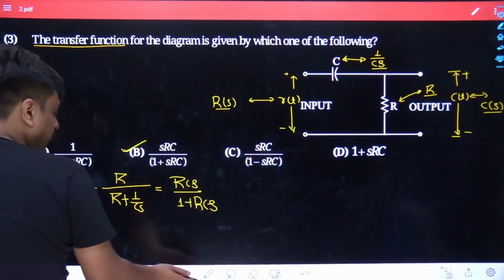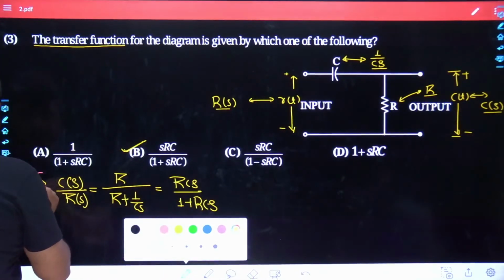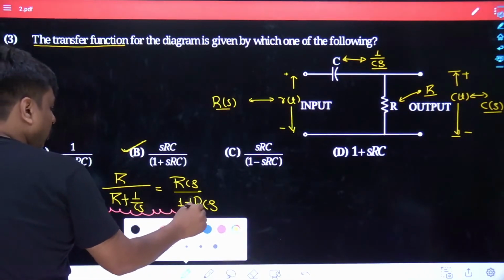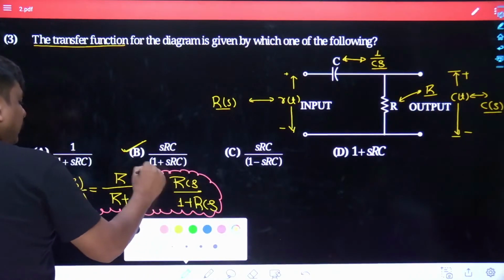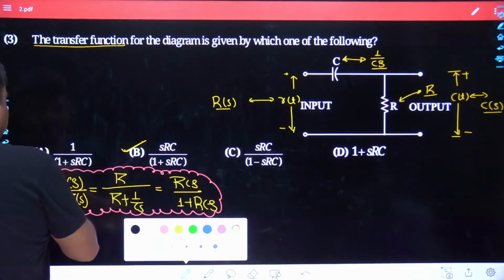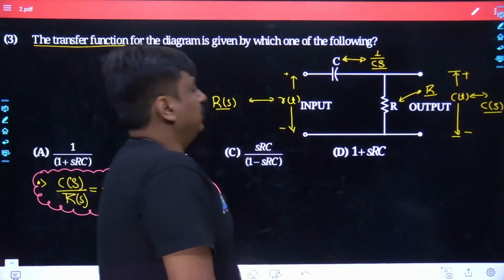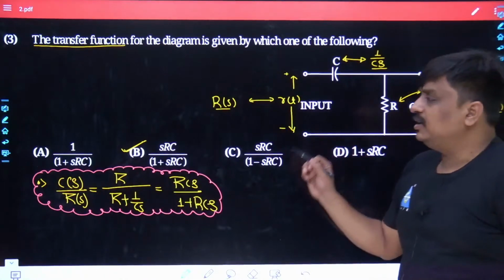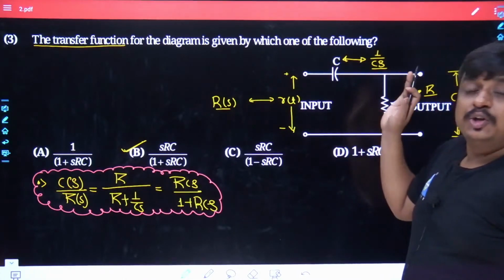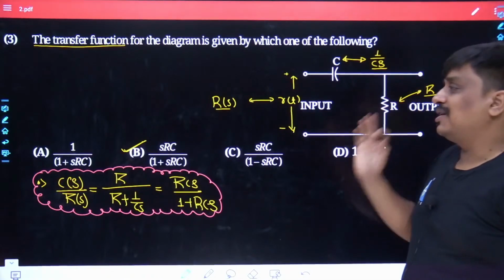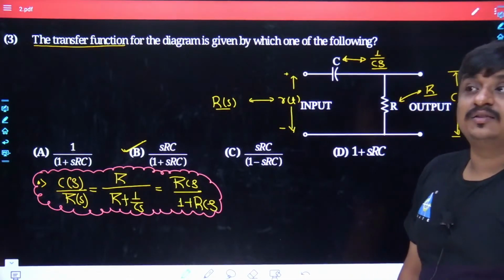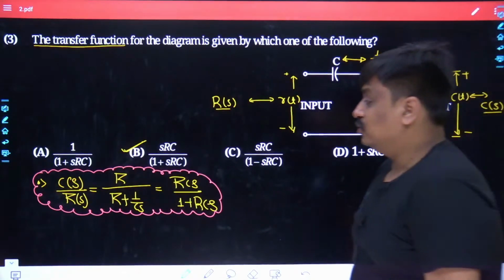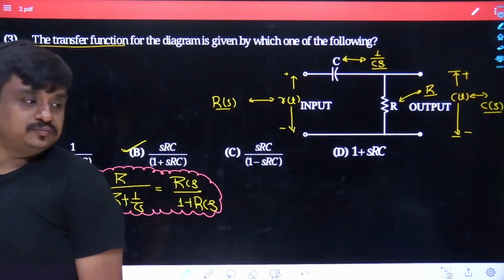So one important conclusion I can deduce: whenever the transfer function approach is mentioned along with the problem, the impedance offered by the capacitance can be taken as 1 upon Cs, and similarly the impedance offered by the inductance can be taken as Ls. But this should not be done when doing transient analysis, because in transient analysis we cannot drop the initial conditions; we give equal weightage to the initial conditions also. Is that part clear?